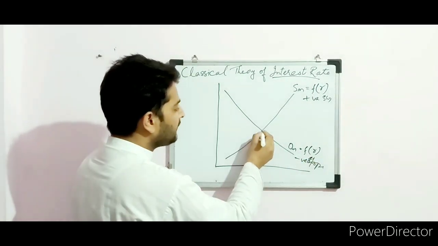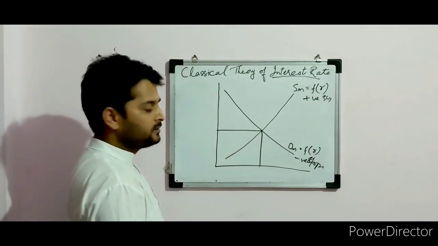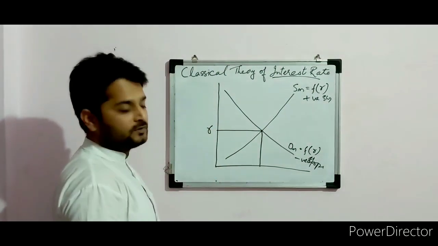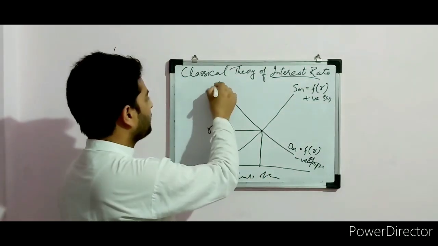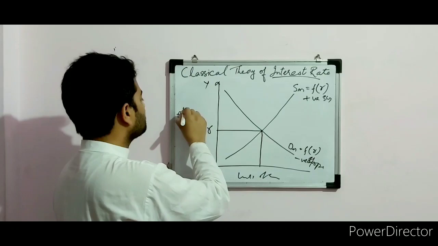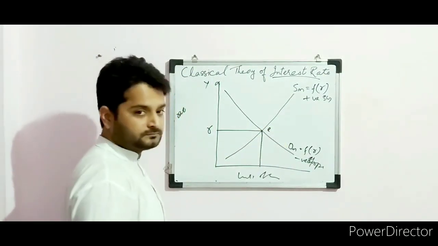They intersect at this point. Here on the x-axis we measure units of capital, and on the y-axis the rate of interest. So this is the equilibrium rate of interest.